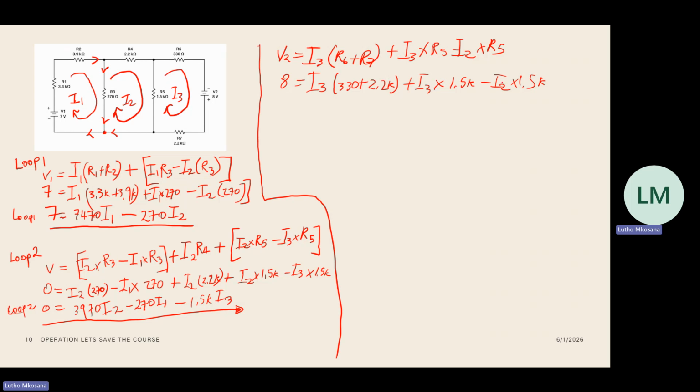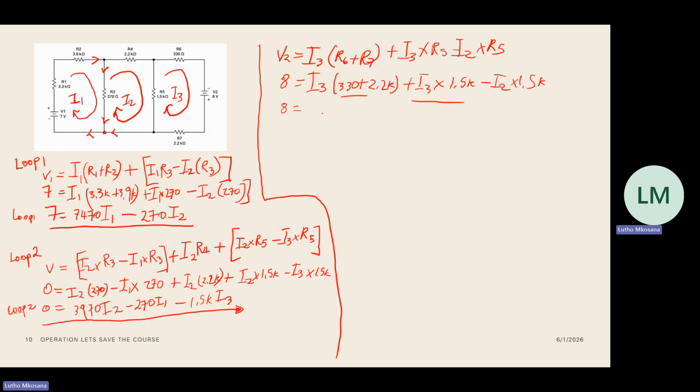All right, so 8 volts is equal to, we add all the I3s together. So we're going to add this, we're going to add that.